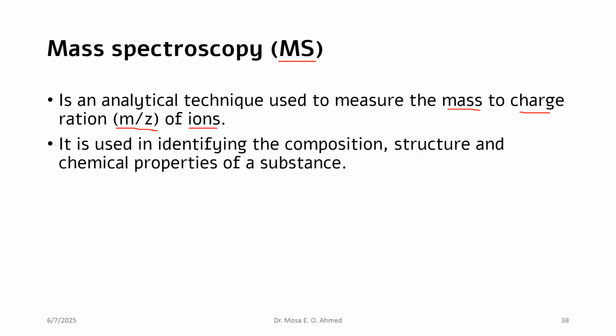Mass spectrometry is used to identify the composition, structure, and chemical properties of substances. Mainly it is used for determining the molecular weight of the compound based on the fragmentation pattern obtained from a molecule when placed in an electric field.